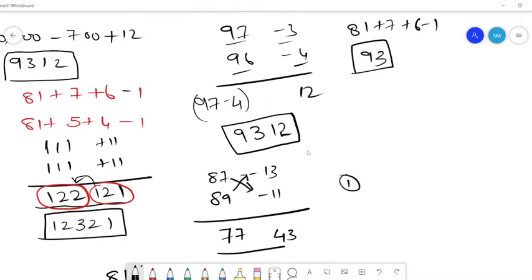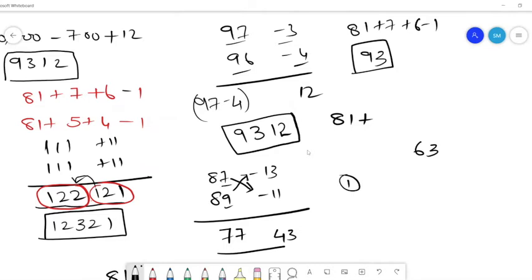Just one, right? So wait, 87 into 89, right? So 81 plus... Okay, so now it depends on what you're adding. Do you add 7 and 9? So in my process, it was 13 times 11.